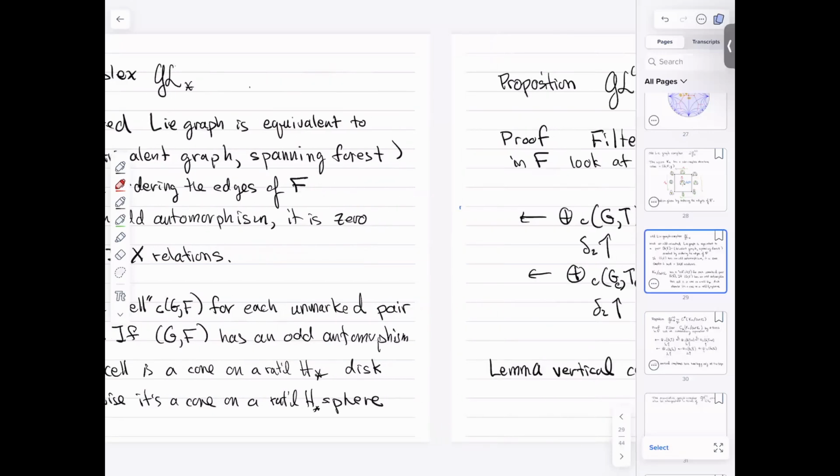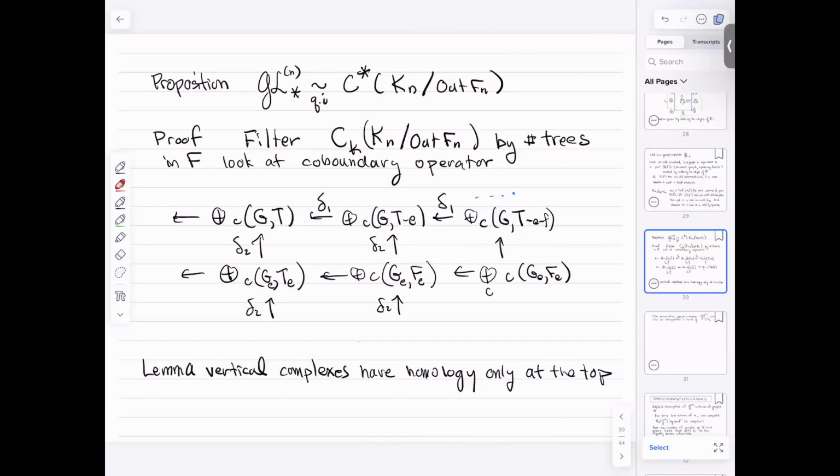So the proposition, or the theorem, is that actually the graph complex is quasi-isomorphic to the cochains on this quotient complex. So it's not exactly the same complex, it's not exactly the same chains, but it's quasi-isomorphic. In other words, it has the same homology. And the proof is easy. So you have K chains.